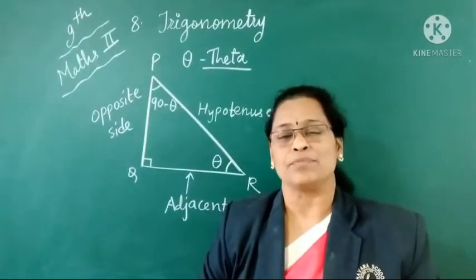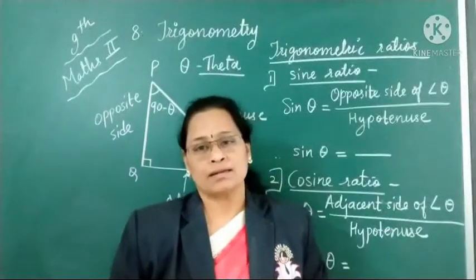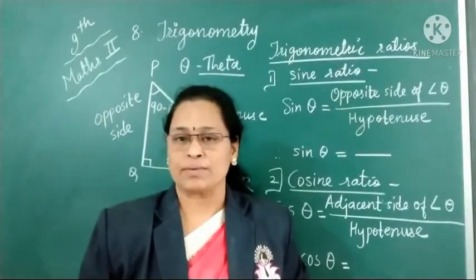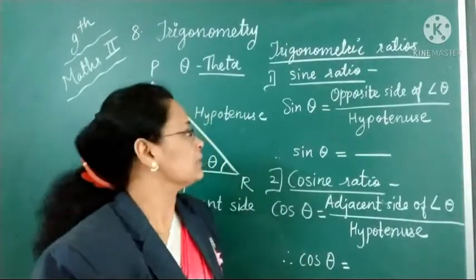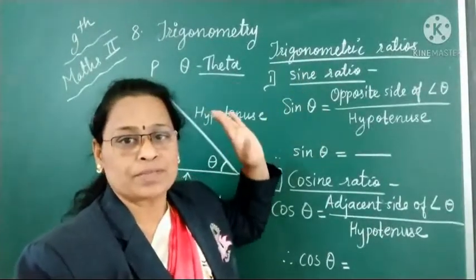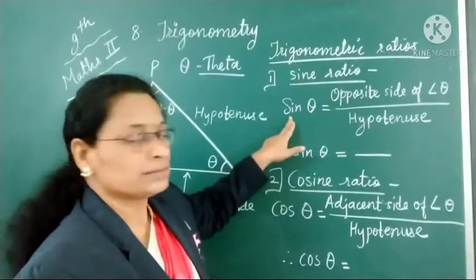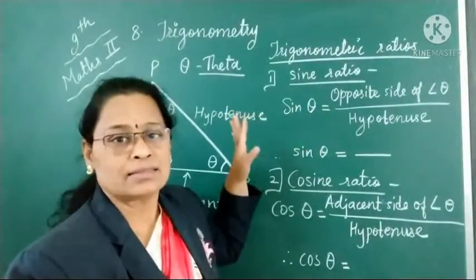So let's see what these trigonometric ratios are. There are three trigonometric ratios. Let's see one by one. First is the sine ratio. It is shortly written as sin theta, read as sine theta.